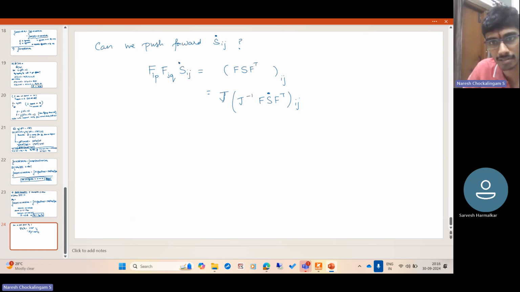So this is S dot. We can't do much. So we want to push forward this. But if you see S dot, S is J F inverse sigma F inverse transpose. S dot is J dot F inverse sigma F inverse.